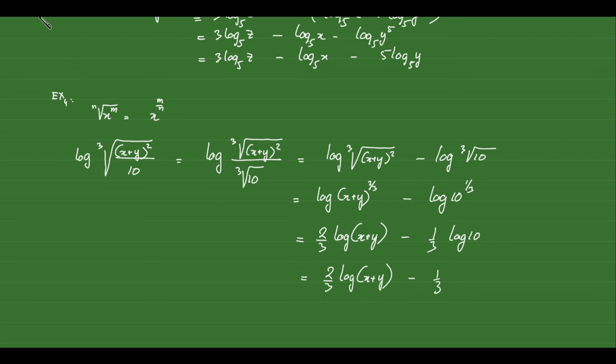So remember this: log base b of (x plus y) is not going to give you log base b of x plus log base b of y. This is a very common mistake. Try not to commit this mistake.